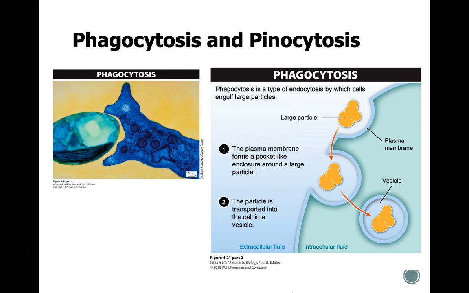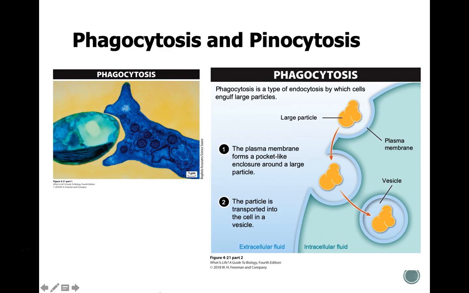I'm sorry, what did I say? It's an amoeba. I may have said something incorrectly. That's an amoeba eating a paramecium, which is another type of cell, another eukaryotic cell. And you can see that it is extending its quote-unquote arms around this paramecium, and eventually it's going to bring it in and basically fuse it into its cell.